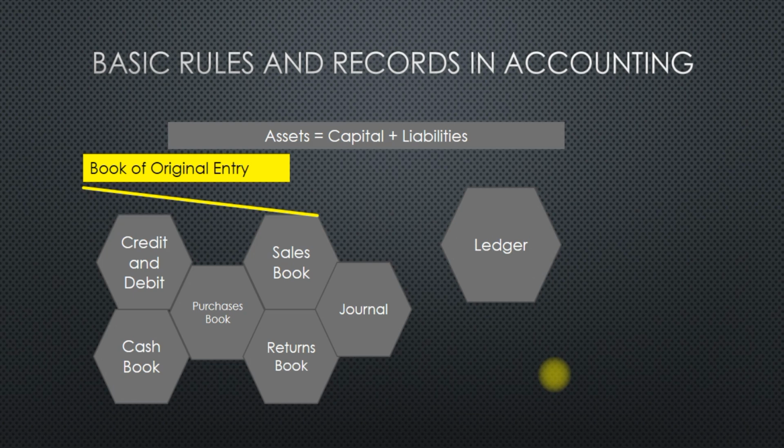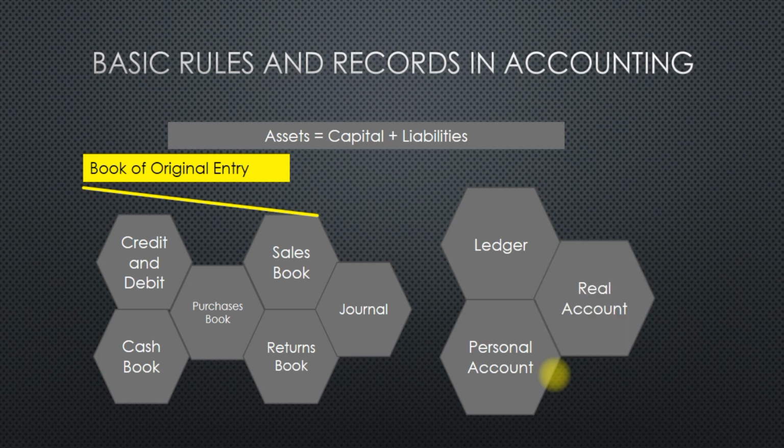So also the accounts are of different types, namely personal accounts, which are accounts of persons, creditors or customers, real accounts, which are properties and assets, and nominal accounts, which are income, expenses and losses. There are also rules for debiting and crediting the different types of accounts in the ledger.